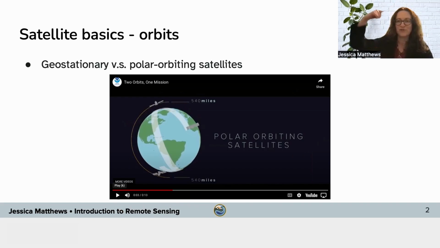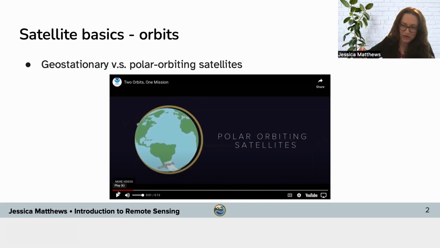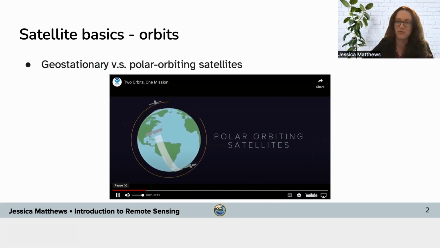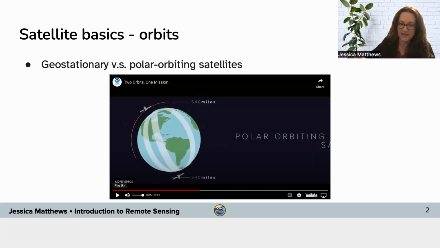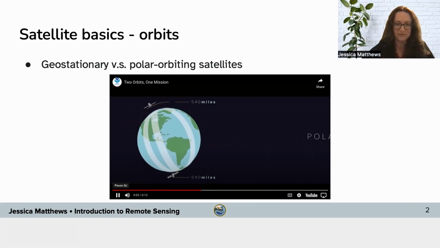And as the Earth rotates, they go around it. And you can see this striping pattern in the image. That's what we refer to as a swath. And the data that they're collecting is in that swath. But as the Earth rotates underneath of it, they continue to orbit the poles and eventually will collect data from all points around the globe.